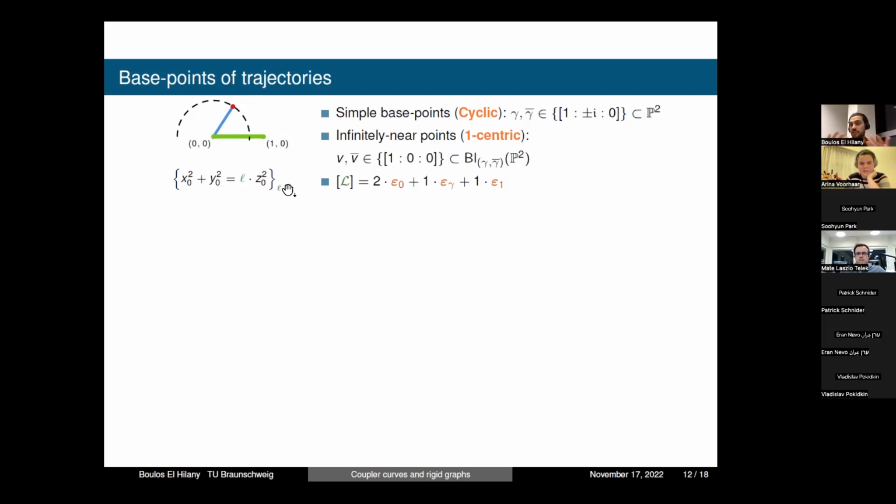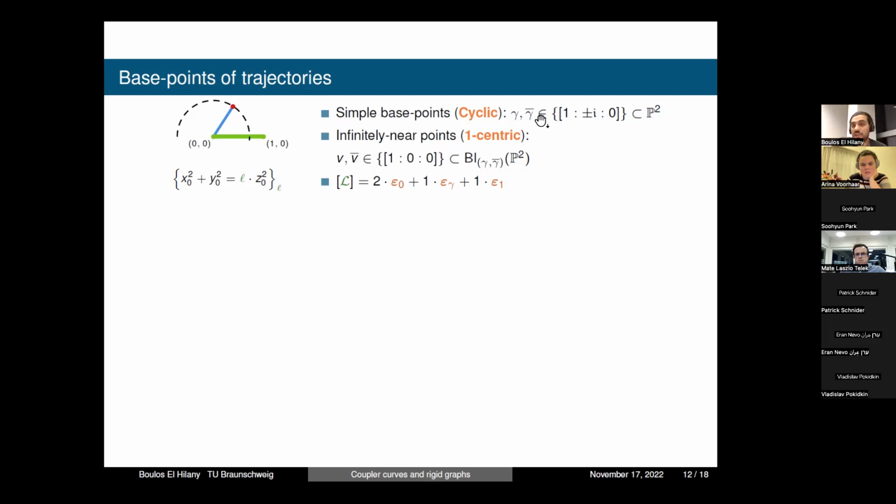Usually inside C2, we put Z0 equal to 1, so we just have a circle. And so this is a family of circles. The family of coupler curves is a bunch of circles inside P2. So it has two types of base points.